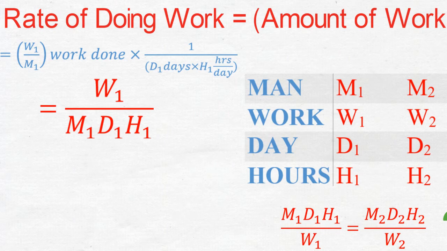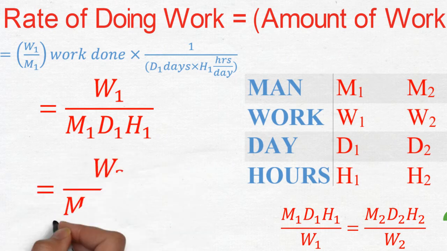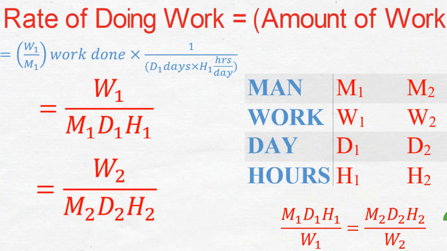Since the rate of doing work by 1 man is the same for the other case also, we can write W1 divided by M1 D1 H1 equals W2 divided by M2 D2 H2.